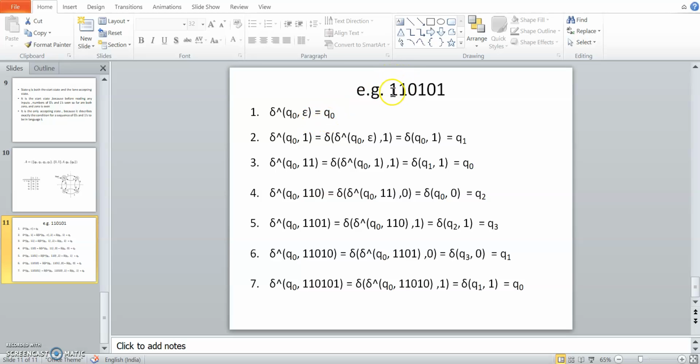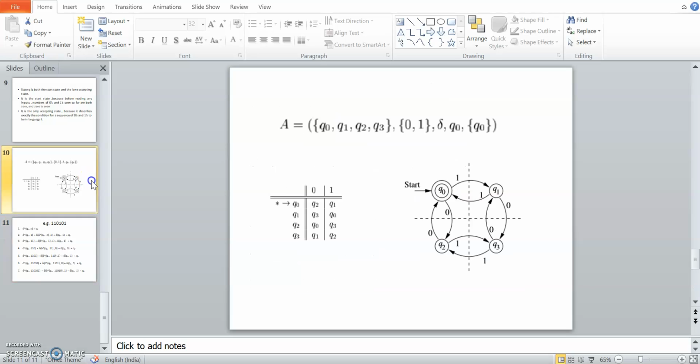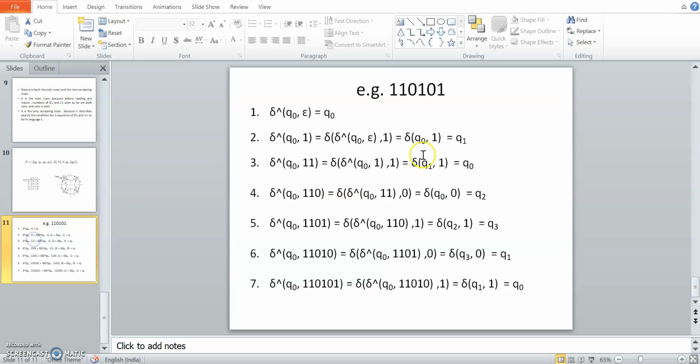I read first symbol 1. So what is the extended transition function? By using this formula we will write like this, and we will reach Q1. First of all, I break this as XA. X will be epsilon. So extended transition function for epsilon is the same state Q0, comma, now transition function of Q0 after reading 1. What will the state be? Q0 on 1. Here we have already shown Q0 on 1. I am in Q1. So we are going to write here Q1.